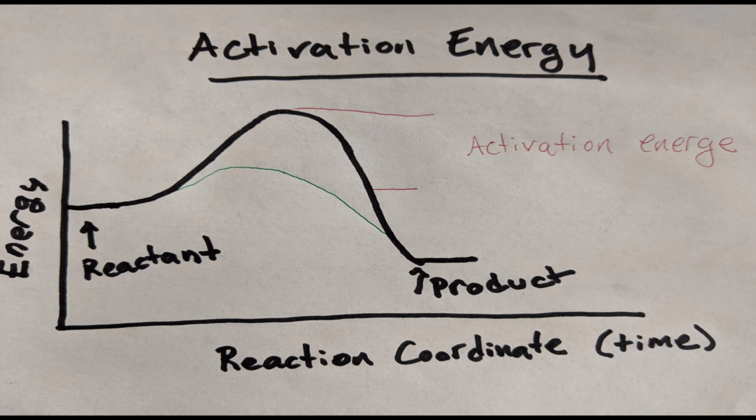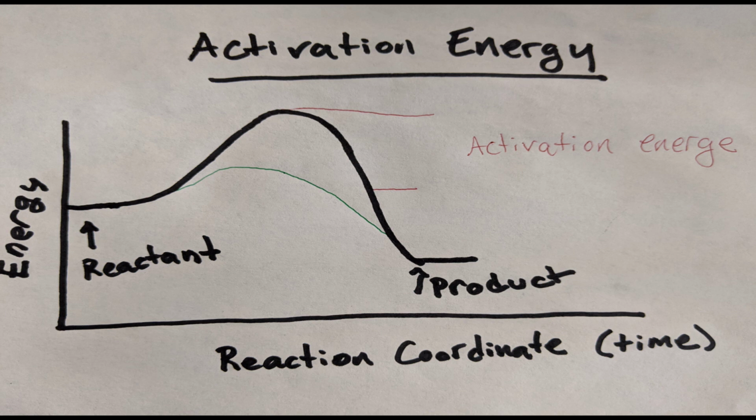So pretty basically, what we should be drawing, we're going to start with our reactants or our substrate at a certain level of energy. So here we have our reactant. I specified in that list we're talking about an exothermic reaction, so something that's going to release energy.